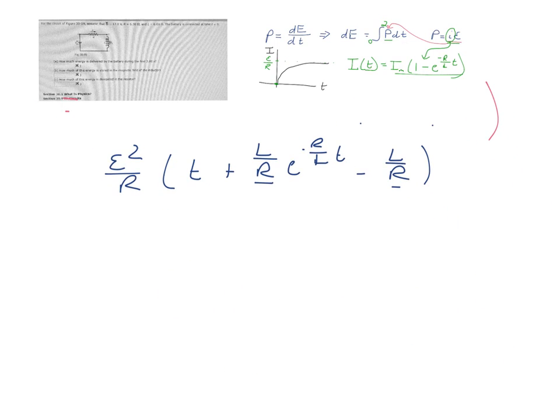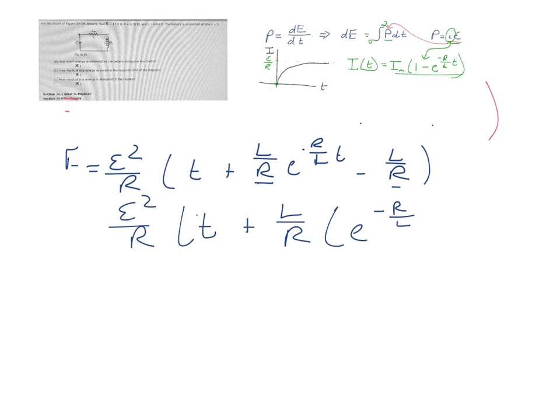Sorry, if you need that, you got to go back. Remember, this is still equal to the total energy. So we have E squared over R, times t, plus, I'm going to factor out L over R, and I'm left with e to the negative R over L t minus 1. That would be our final equation for our energy. We plug in 2 for t, and we can get our final answer for the energy.